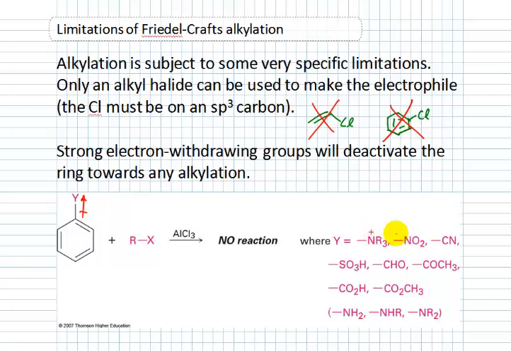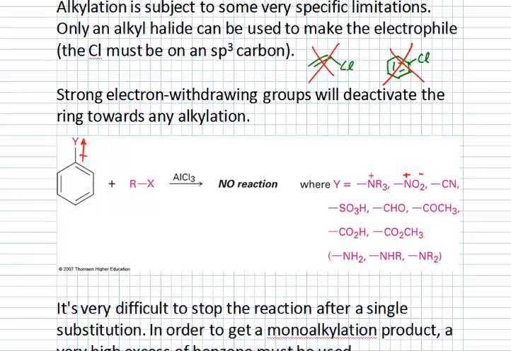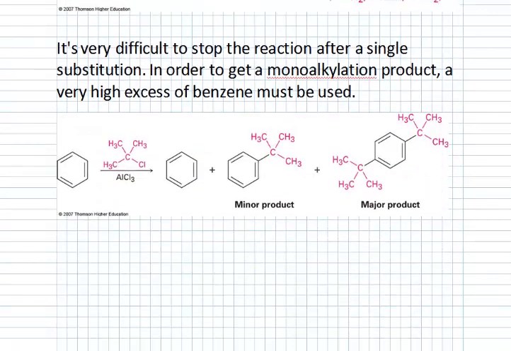So an ammonium group, a nitro group, which has a plus and a minus in it. Cyanide, right, that cyano group. Anything with a double bond O directly next to the ring, like all of those have. Those are all electron withdrawing groups, and all of those will deactivate the ring towards alkylation. So we'll reinforce that a little bit later when I talk more about those deactivating groups.